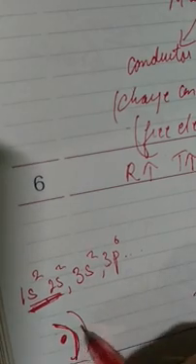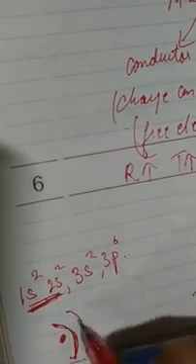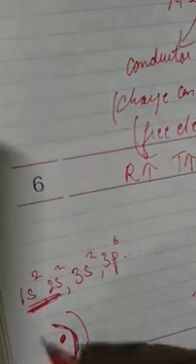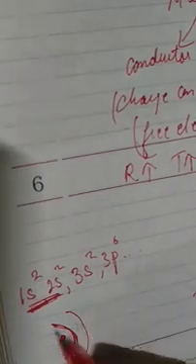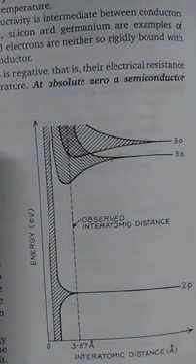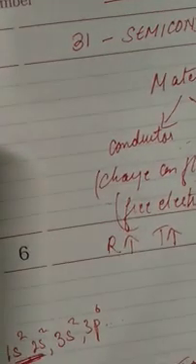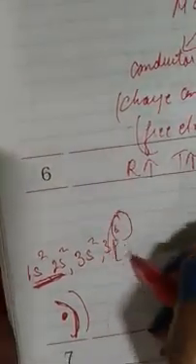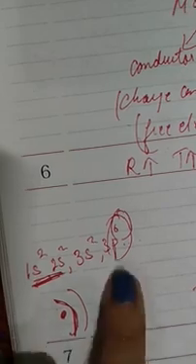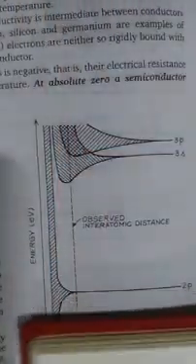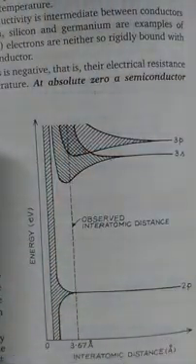That is why it is really difficult to remove electrons from the innermost shell or orbit. On the other hand, electrons in the higher levels are the valence electrons, such as this electron in 3p. They are the valence electrons, so they are easy to remove from the shell.